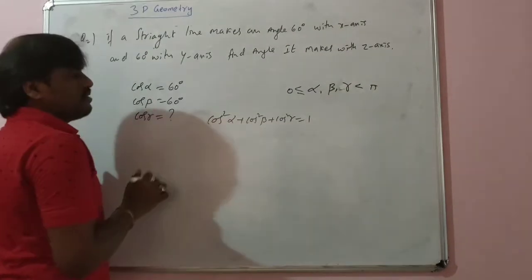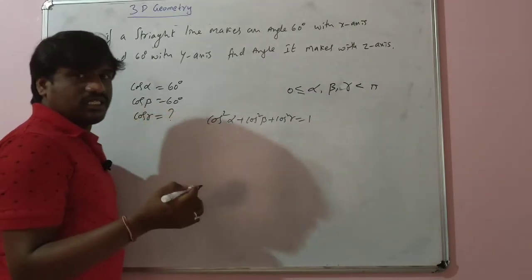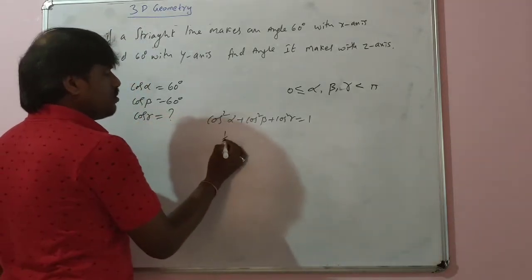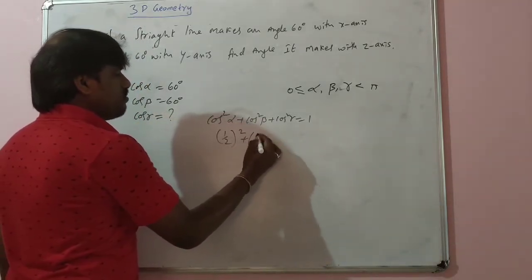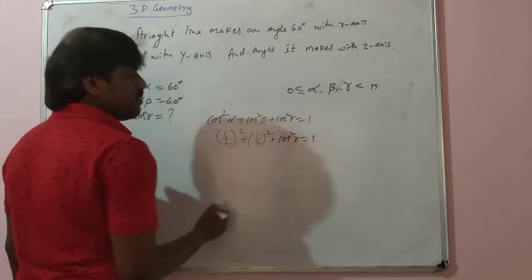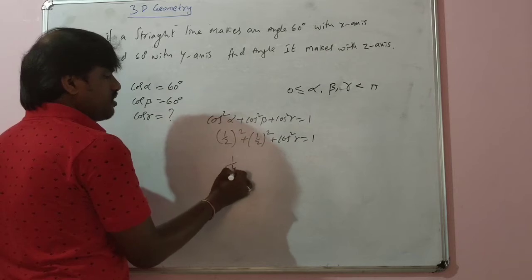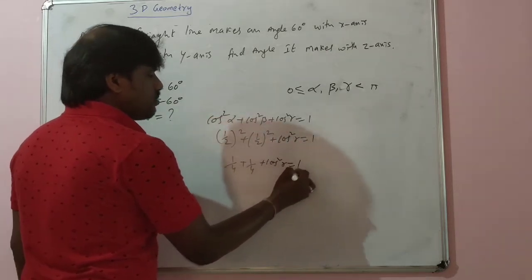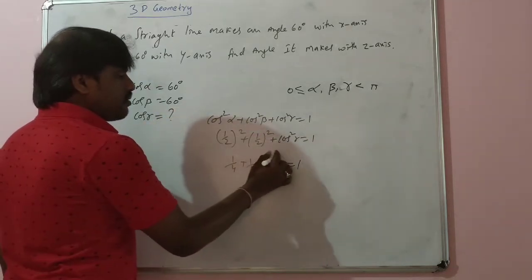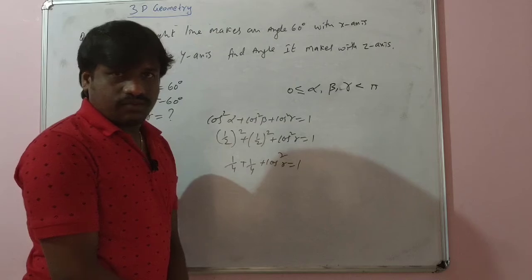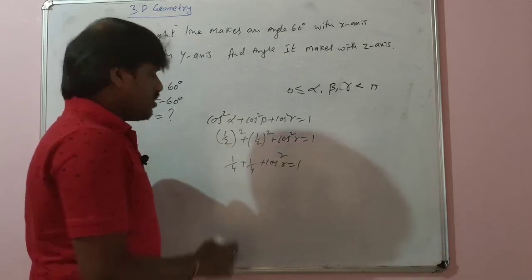Cos 60 degrees is 1 by 2. So 1 by 2 whole square plus 1 by 2 whole square plus cos square gamma is equal to 1. That is 1 by 4 plus 1 by 4, which is 2 by 4, that is half.